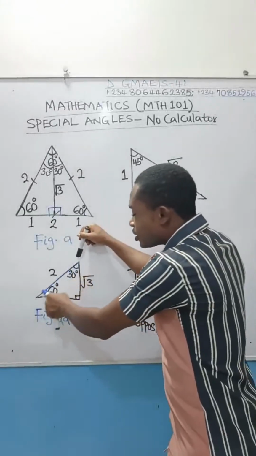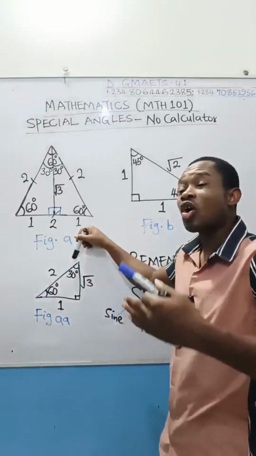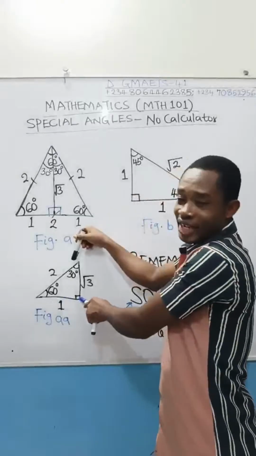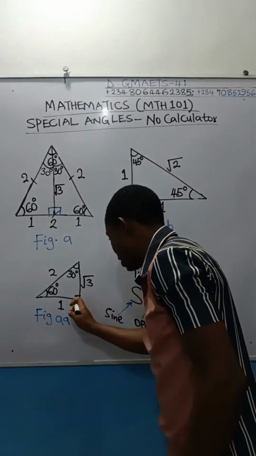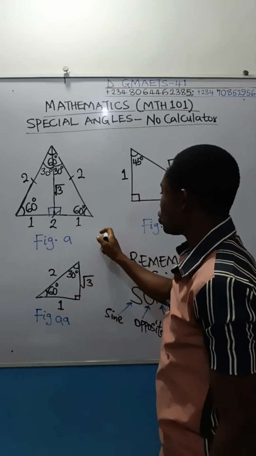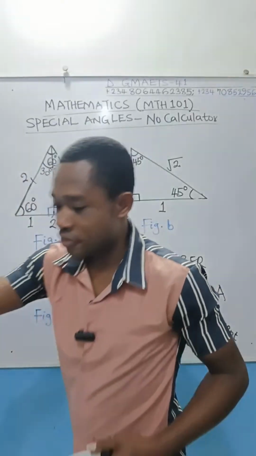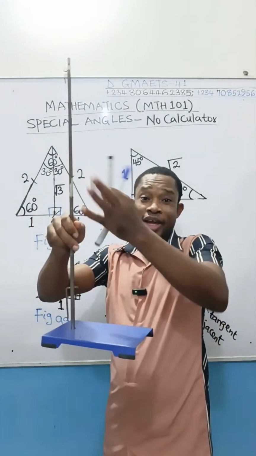Now, usually it is said the longest side is the hypotenuse. But much more correctly, the longest side is the side facing the 90 degrees. This symbol is the symbol for 90 degrees. It simply means you have two perpendicular lines, like I showed you with my retort stand: vertical, horizontal. This is a plane.